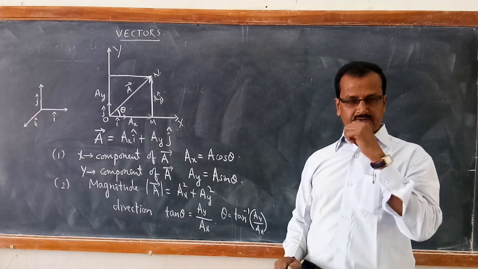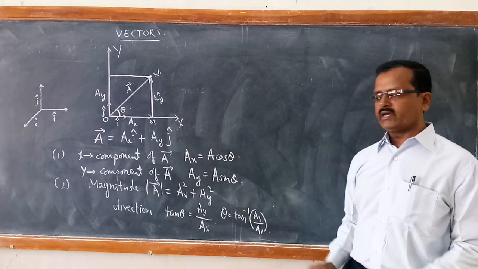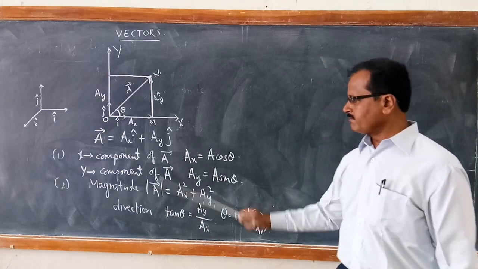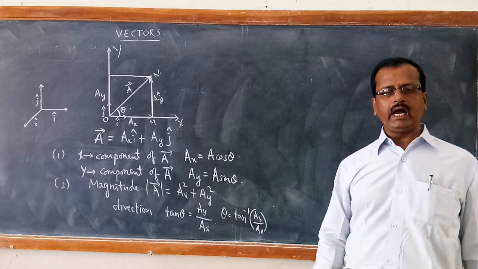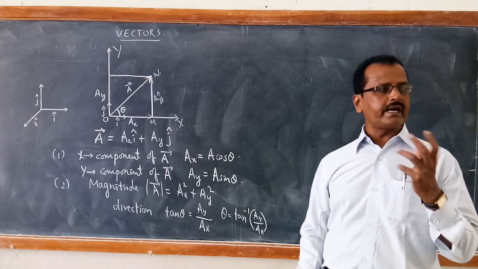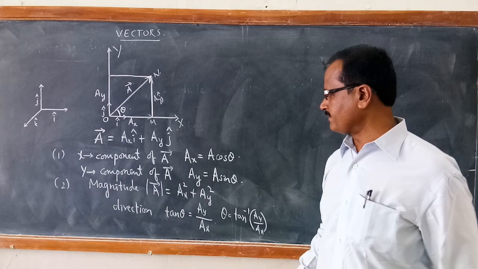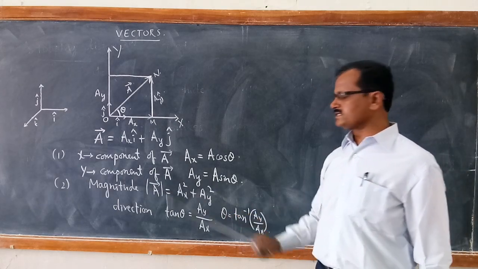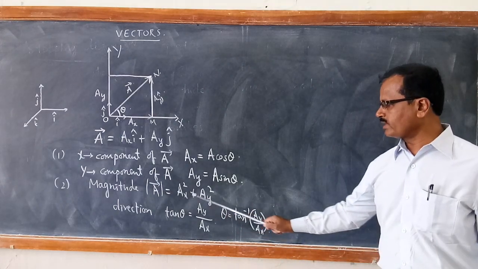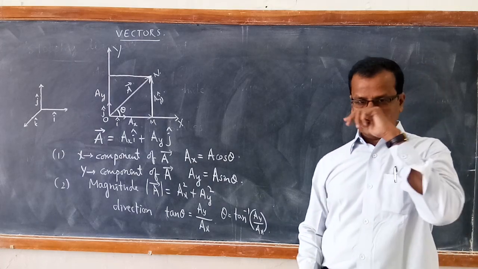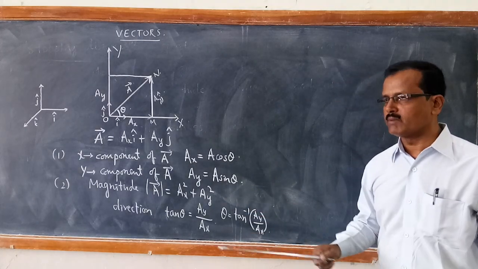This is the first way of representing a vector. The second way of representing a vector is by its magnitude and direction. When we write its magnitude and direction, then only the vector is completely described. The magnitude of a vector is given by the square root of Ax square plus Ay square. This we have done in the last session, if you remember.